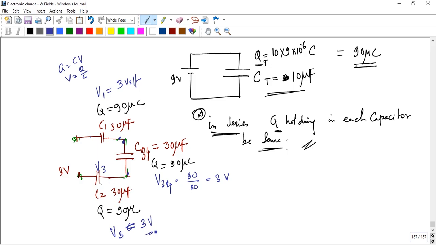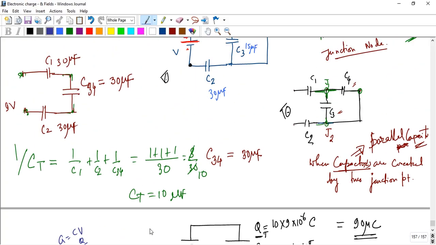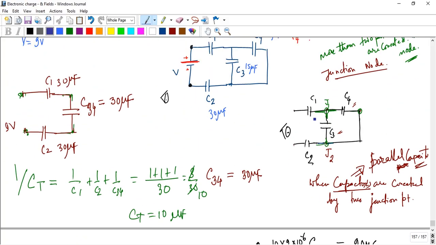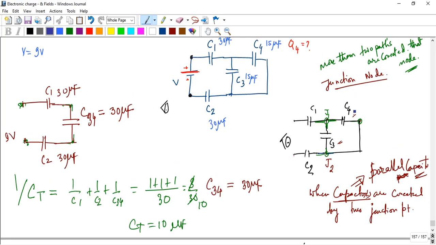Okay, and here is another concept. Let's see the diagram here. Now if you wish to calculate the charge held on this C4 capacitor, first we want to find the potential drop across this point to that point. Now how to find that? In series we get all the voltage.